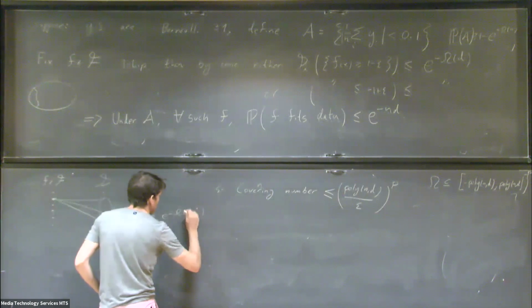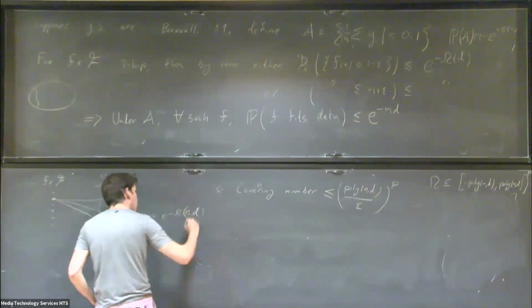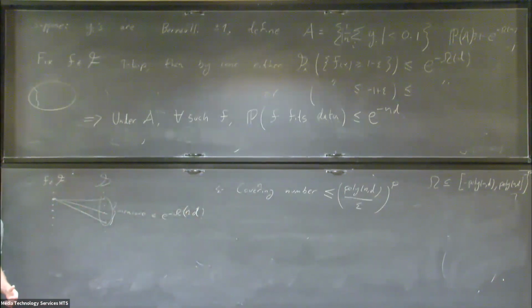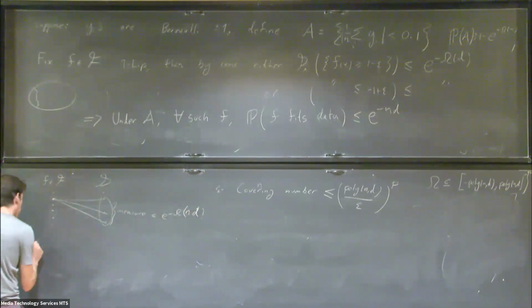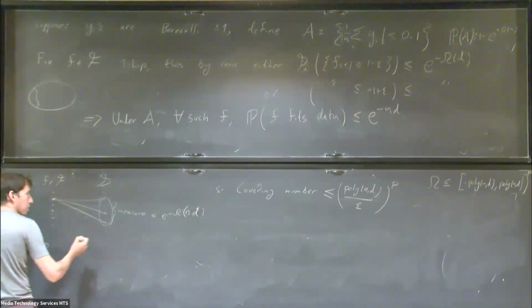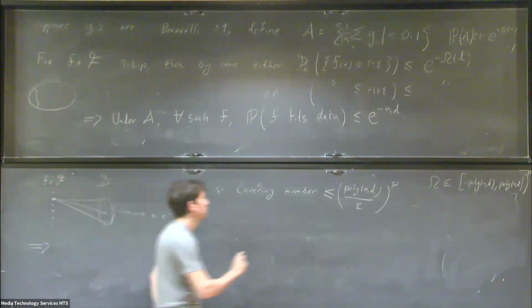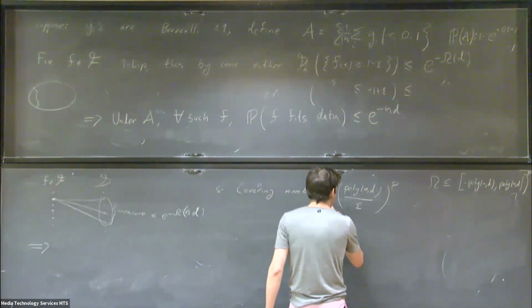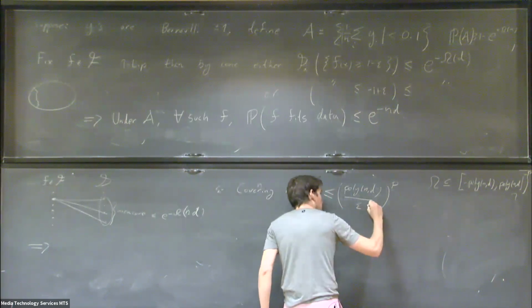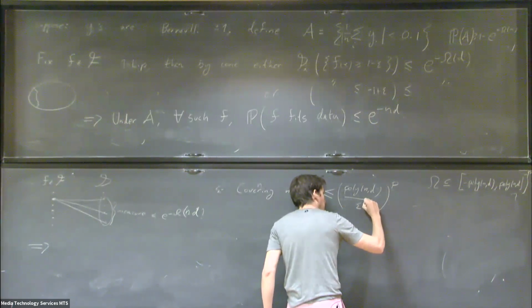Sorry, my handwriting is really bad today. To be small. So we just get the condition that n, the covering number is at most, and j is also here.